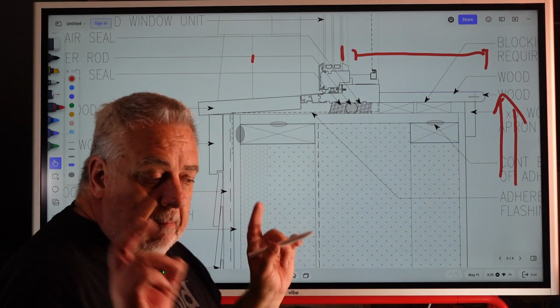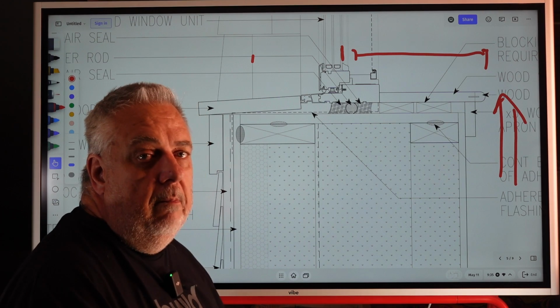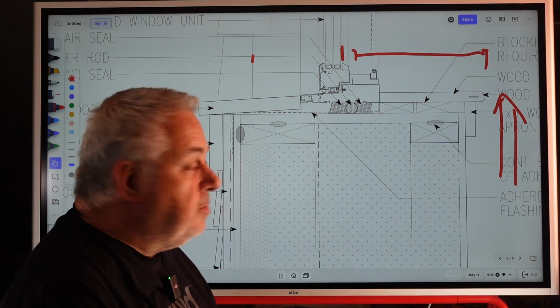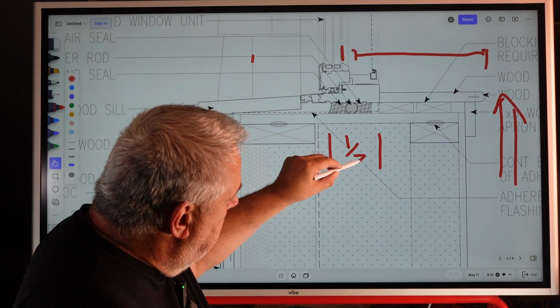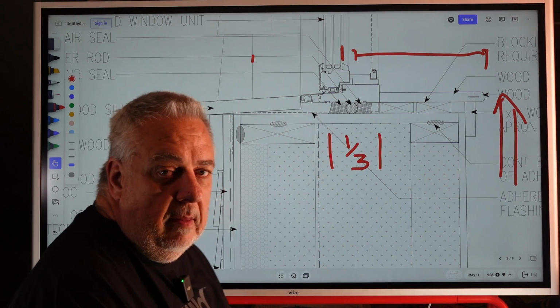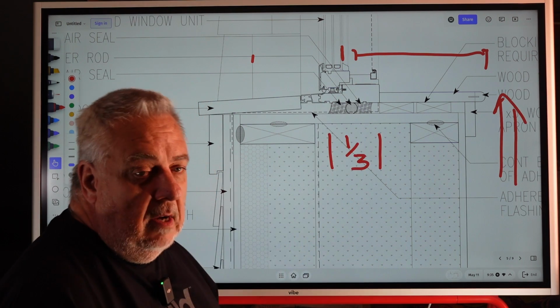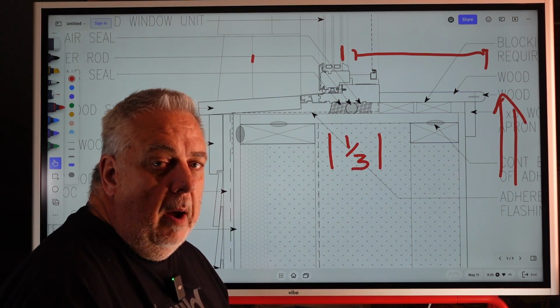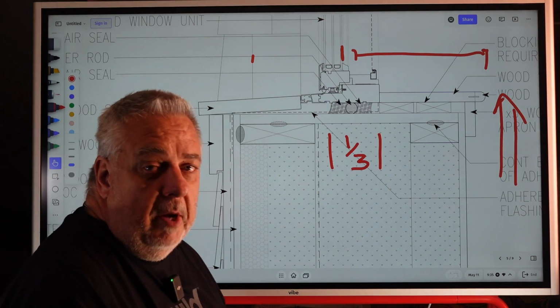So that engineer or energy nerds, if you will, if you ask them where's the best place to put the window, they're going to tell you the middle third is likely the best place to put it from an energy perspective. It gets the glass warm enough, but it doesn't put you at that much of a risk.